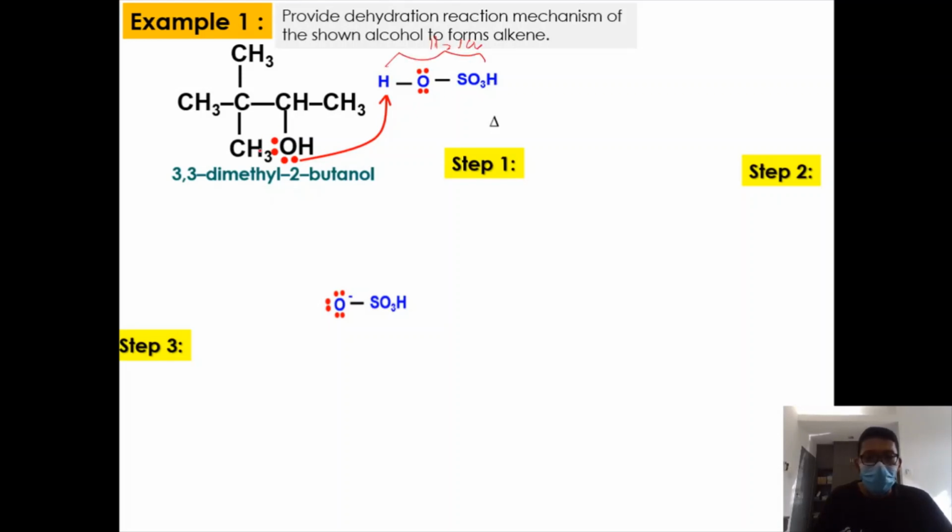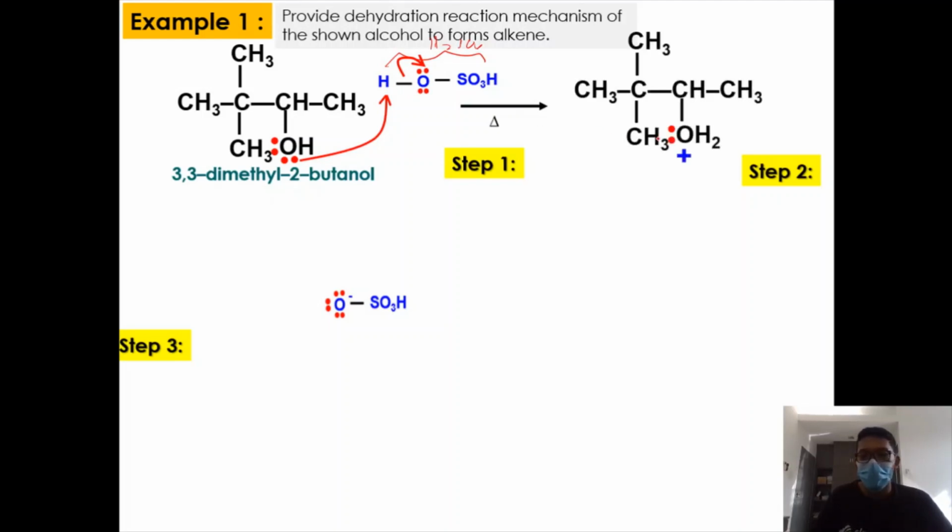So this is going to protonate the OH group and break the bond between the H and O here. So what we're going to form is the protonated alcohol, and our product that we're going to form here is O minus SO3H, minus O minus here.